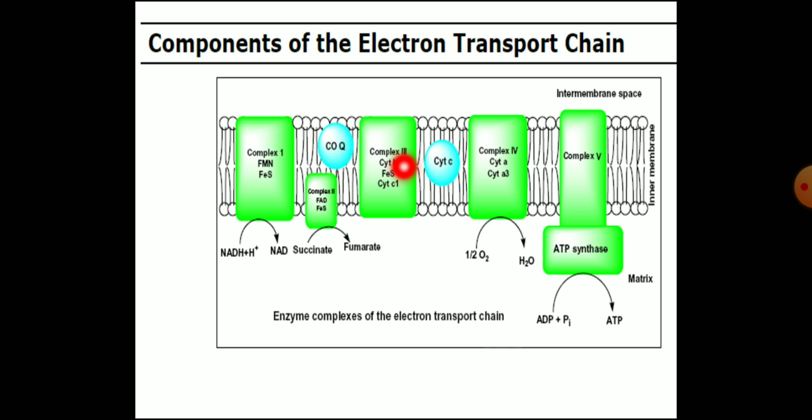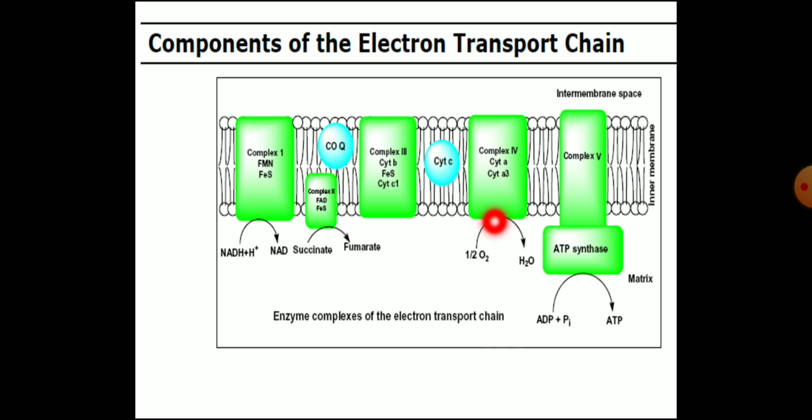Usually the reducing equivalents are transferred from more negative to more positive potential. So here it is again transferred to complex 3, which contains b, iron sulfur protein and c1, the cytochromes b and c1. From this it goes to cytochrome C, which is again a mobile carrier transferring from complex 3 to complex 4, which contains cytochrome a and a3.